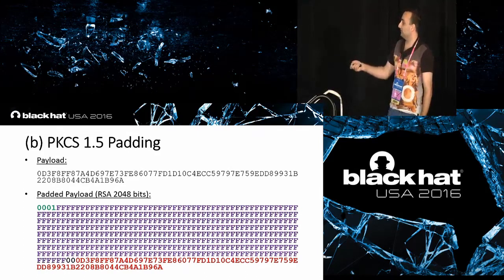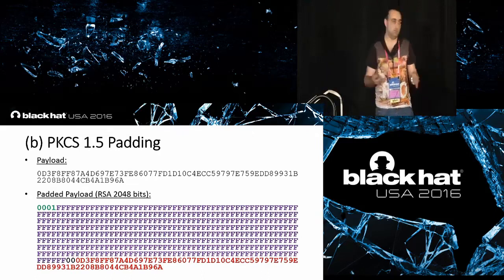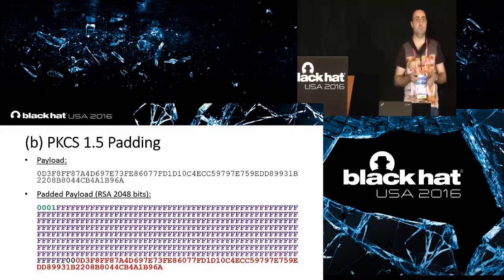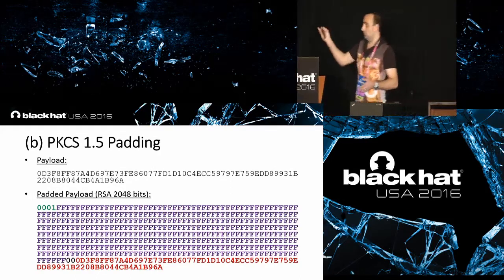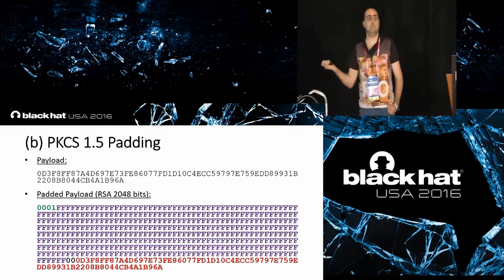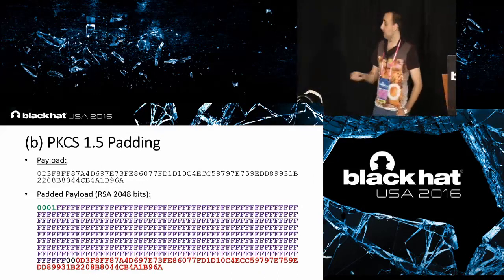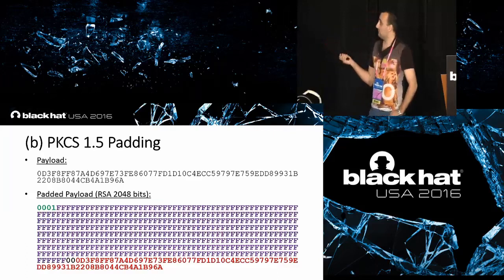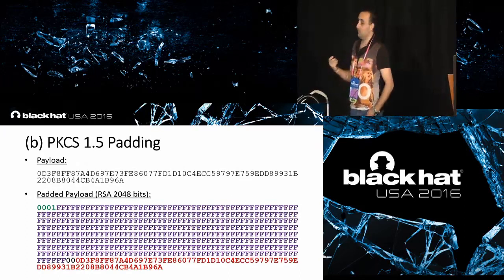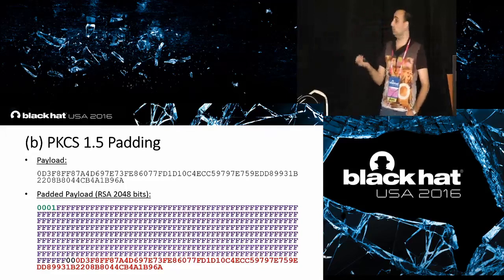And this depends on the length of the payload, because the message that is padded must have the same length as the key used to sign the message. So, as you can see here, it is quite predictable. It is not randomized.